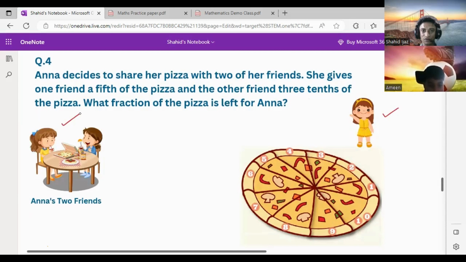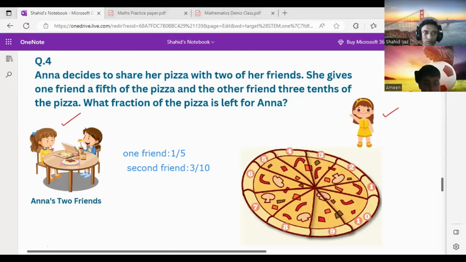Where are you solving? I'm writing it down. You can solve it here. So 1/5, second one, 3/10.